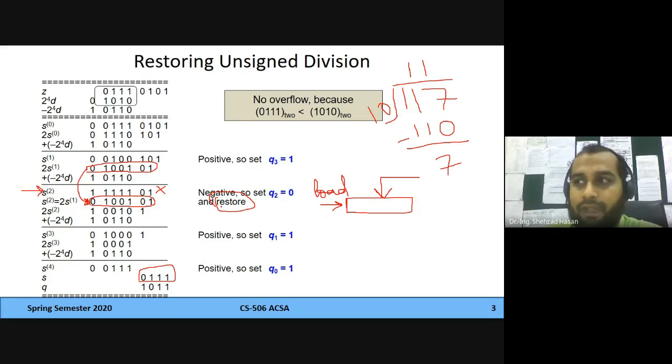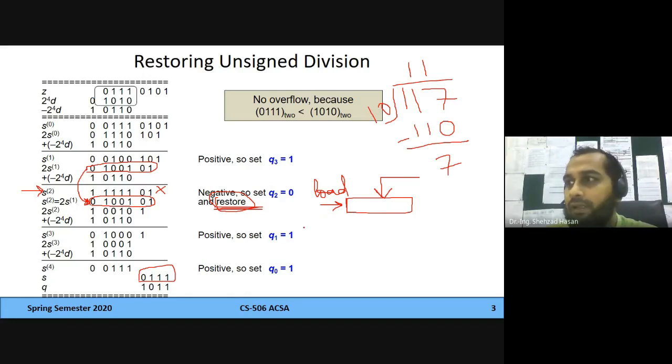We are going to go with that particular restore operation. The register was holding this value when we started this operation. At every new step, we load the new value in that register so that the next operation starts from that point. But when we find out the result is negative, we disable the load operation. So nothing is loaded into that register, and the previous value is already there in the register. This is how we can do the restore operation.